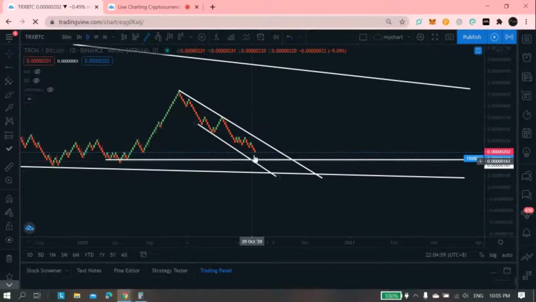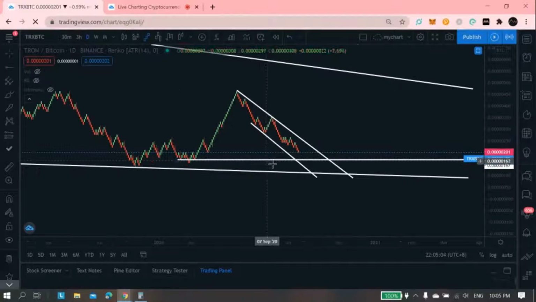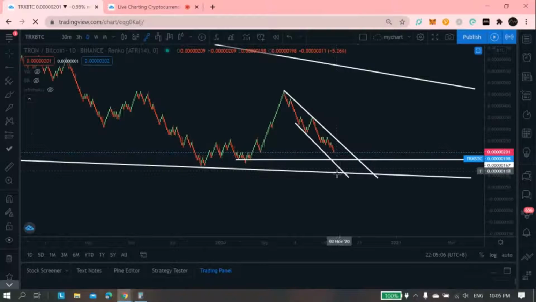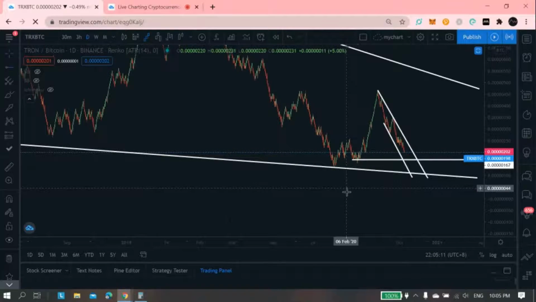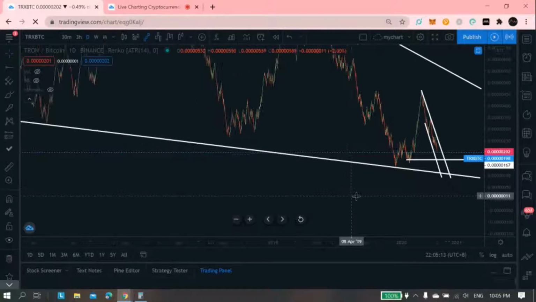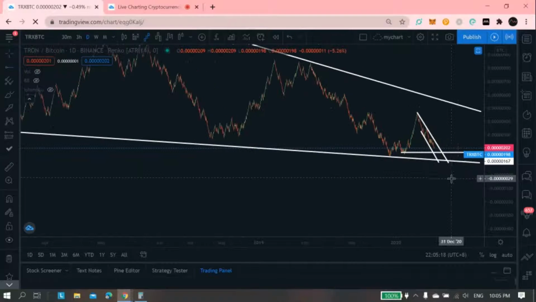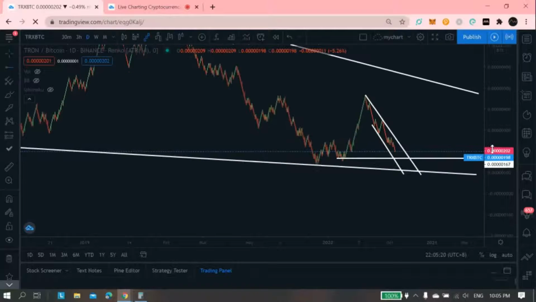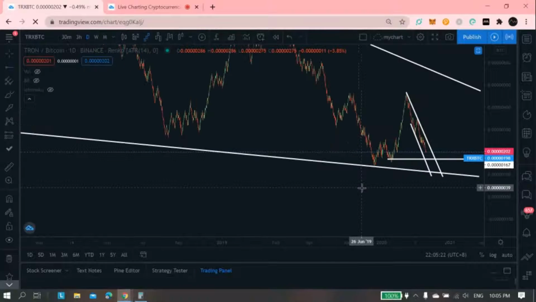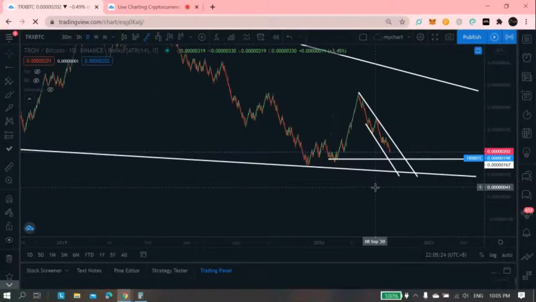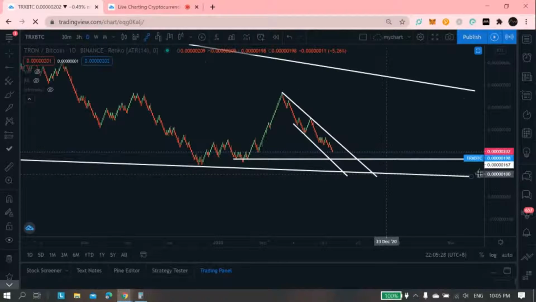So that's the low that it can get. Or of course, worst case, if it breaks this long term support area, you can actually add another Renko bar or Renko chart.